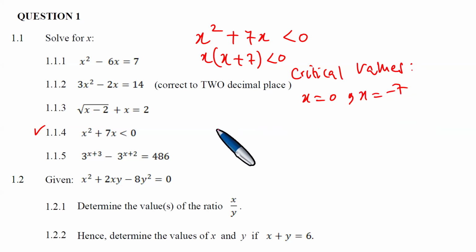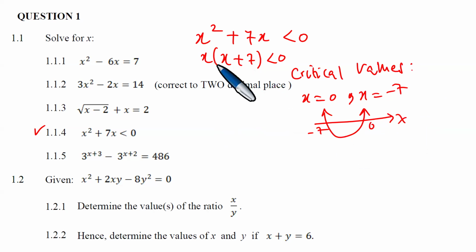They are the critical values. We put minus 7, 0 here. So when this quadratic is negative, we're focusing on the part that is less than 0 here. So we have this here.